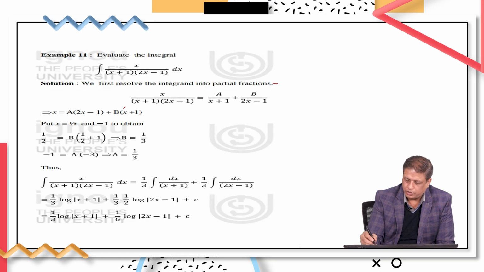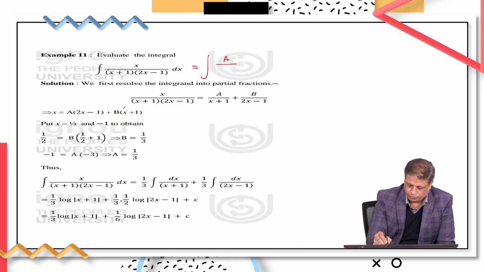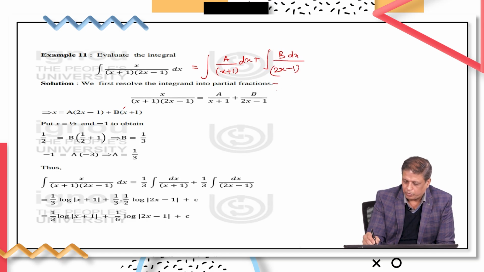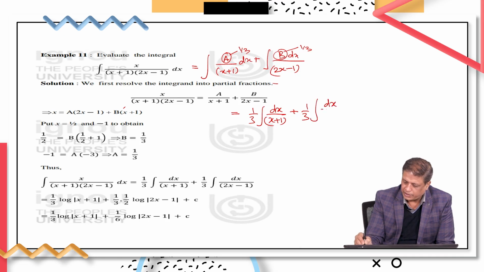So, you can rewrite this integral as integral of a upon x plus 1 dx plus integral of b dx upon 2x minus 1, which was written in the form of the partial fraction. Now, substituting the value of a as 1 by 3 and also the value of b as 1 by 3, you can rewrite this integral as 1 by 3 into integral of dx upon x plus 1 plus 1 by 3 into integral of dx upon 2x minus 1.